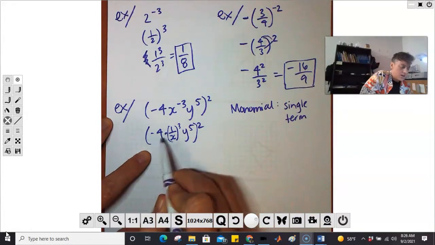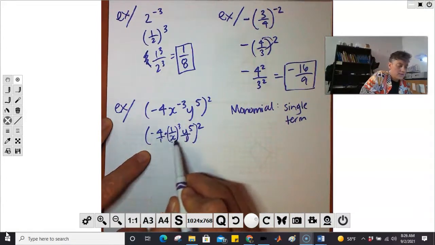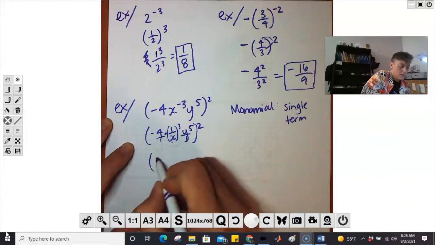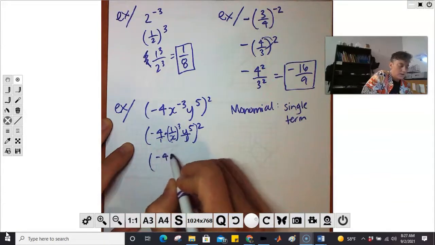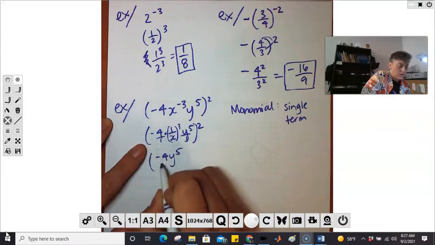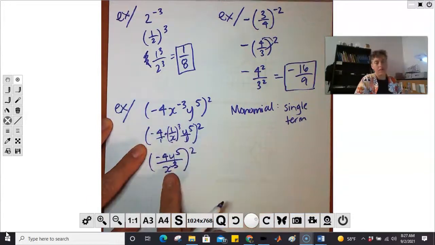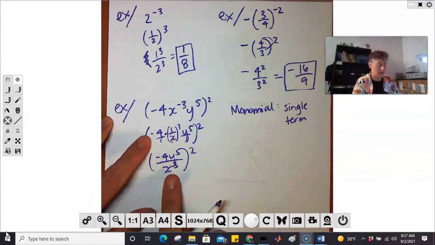I can make all of these over 1 as well, and then multiply the numerators and the denominators together. So let's just make this negative 4 times 1. That's fine. That's negative 4. Y to the 5th on the top, and then we'll have x cubed on the bottom. That is much more pleasant than this nonsense.